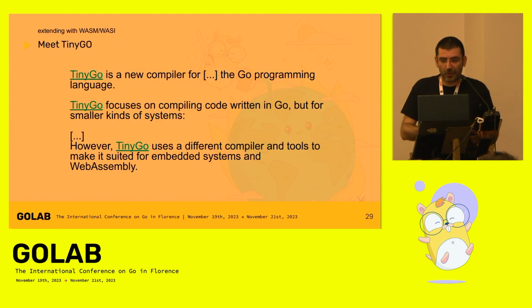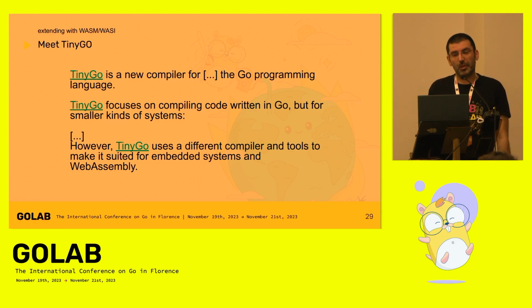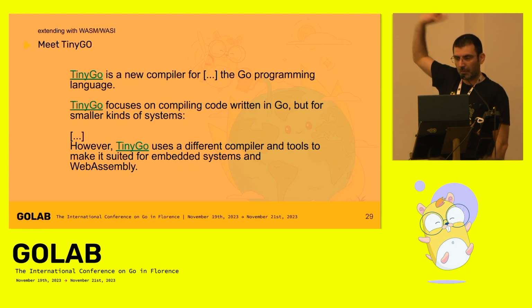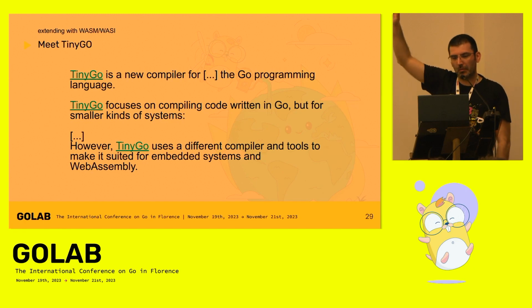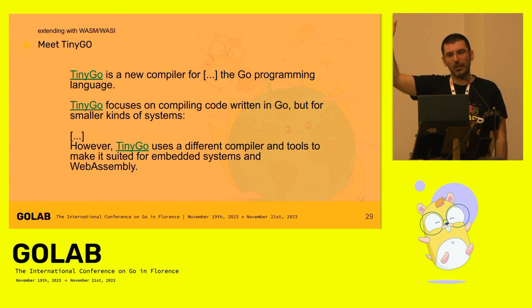But even if we can juggle all of this, we cannot export functions in Go. So how do we actually do that? One way to do that is using TinyGo. TinyGo is a new, different, independent toolchain for embedded applications.